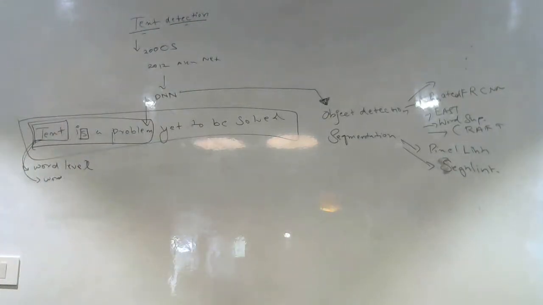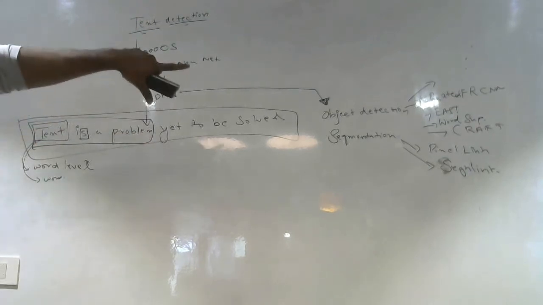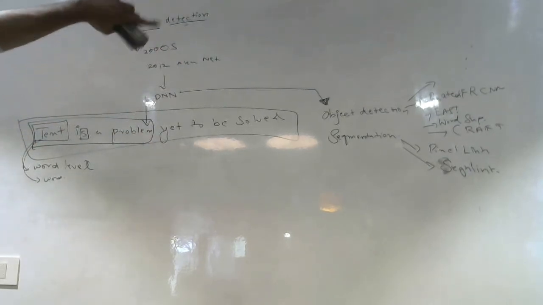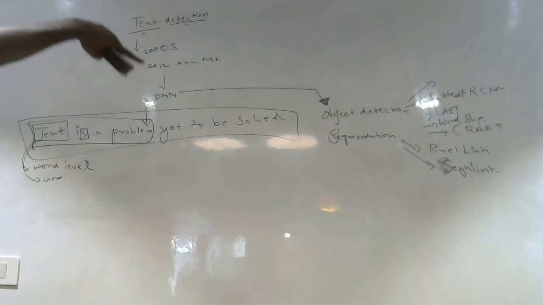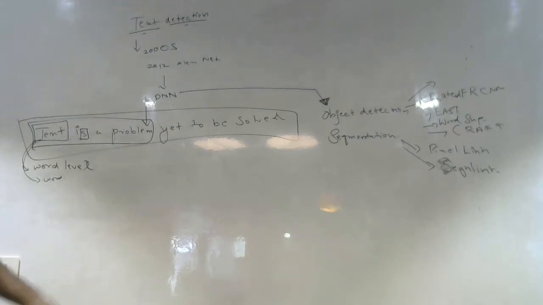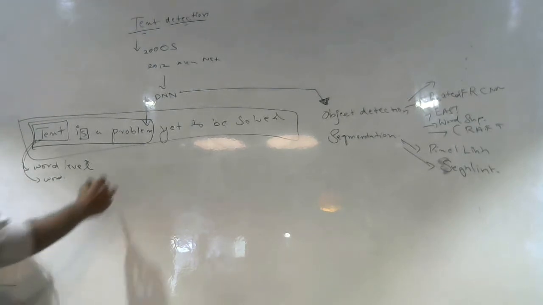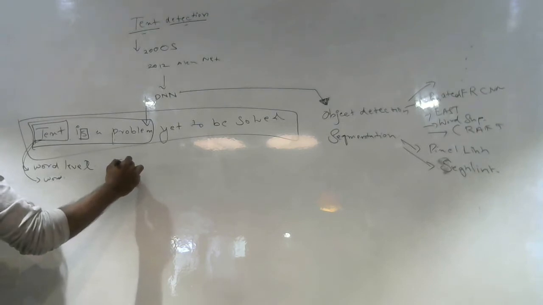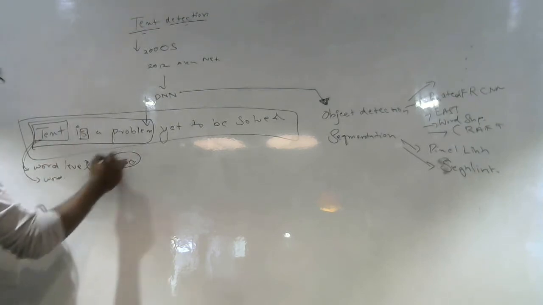So why will you come back to it? If you see Rotated R-CNN, EAST, and the like, they are actually object detection. The problem of object detection when you take text is that if the text is say 250 characters, it won't converge well.